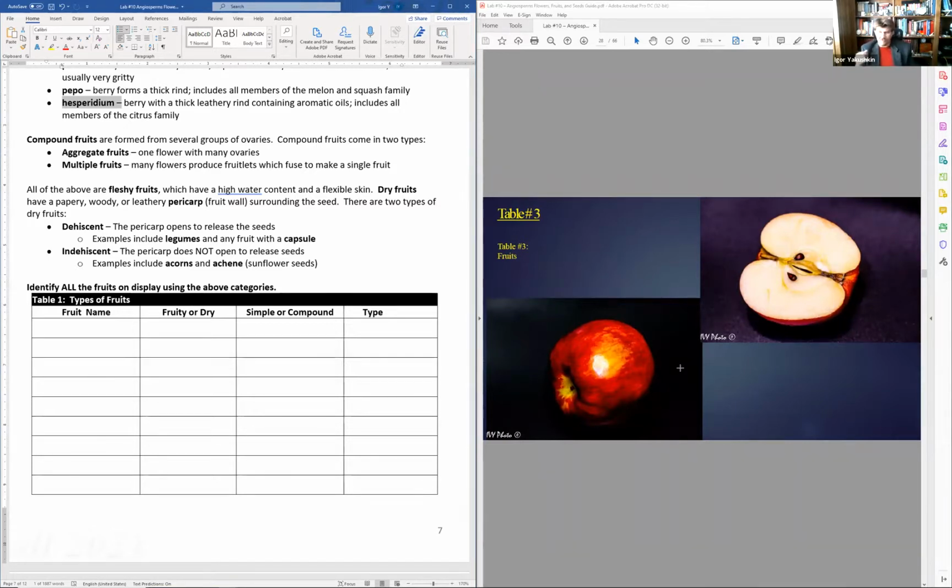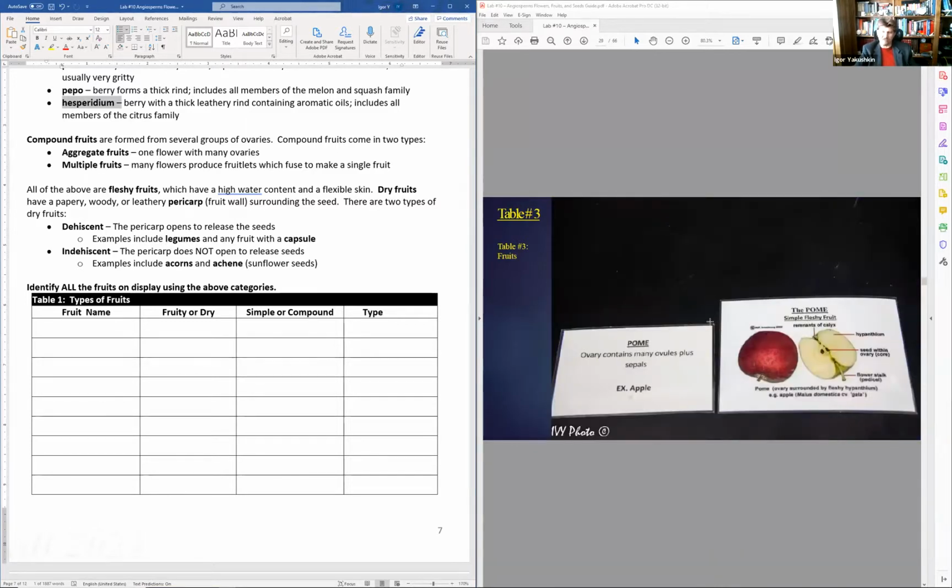So for simplicity's sake, we will keep it as a simple fleshy fruit, which is technically wrong, and yes, botanists will crucify me if I just say it's a simple fruit. It's not, it's an accessory fruit, but we're not going too deep into that level of botany. So apple we will consider as fleshy, simple, moving on. It has a special type, pome.